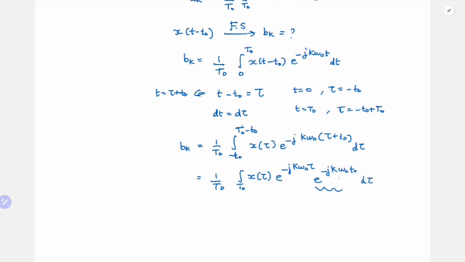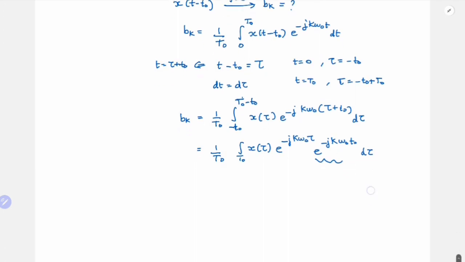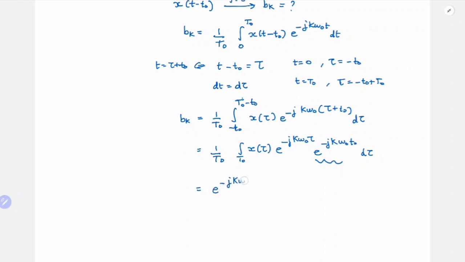This term is not actually falling into the integral. It is a constant, so we can take it outside. So this will be e power minus jk omega naught t0 into 1 by T0 integral over T0 of x of tau e power minus jk omega naught tau d tau.